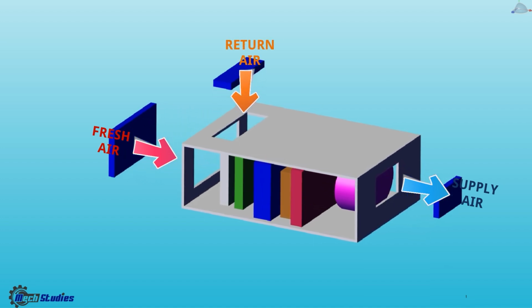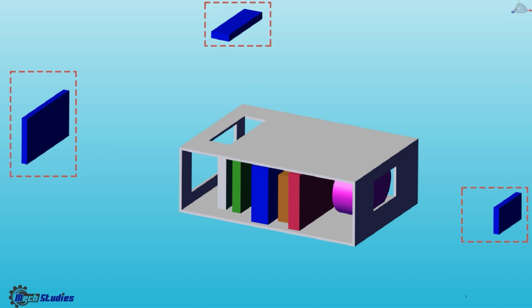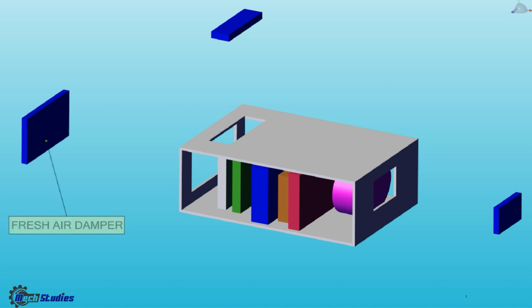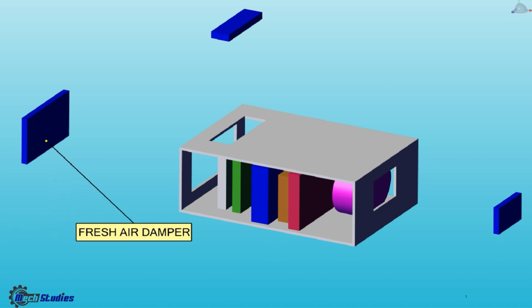These are all dampers. If the air handling unit is used to supply fresh air only, then this return air side will not be there. We will discuss all these things later on. The function of the damper is very simple. It is used to regulate the air. The damper placed at the fresh air side is called the fresh air damper.